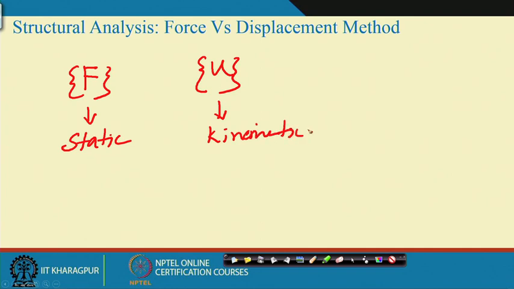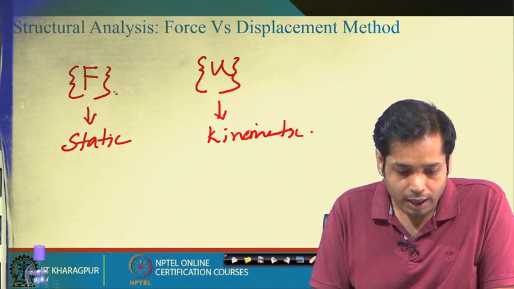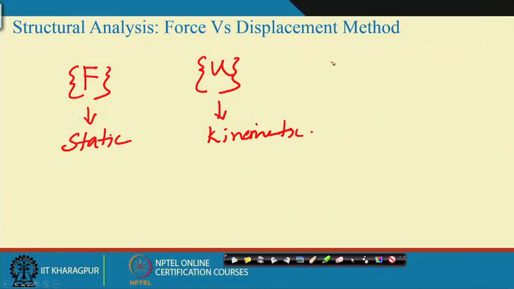These forces are static variables and this is kinematic variable, right? Now, for a given structure, we know that force and displacements are related through stiffness and flexibility matrices. For instance, we can write F equals K U, where K is the stiffness matrix.